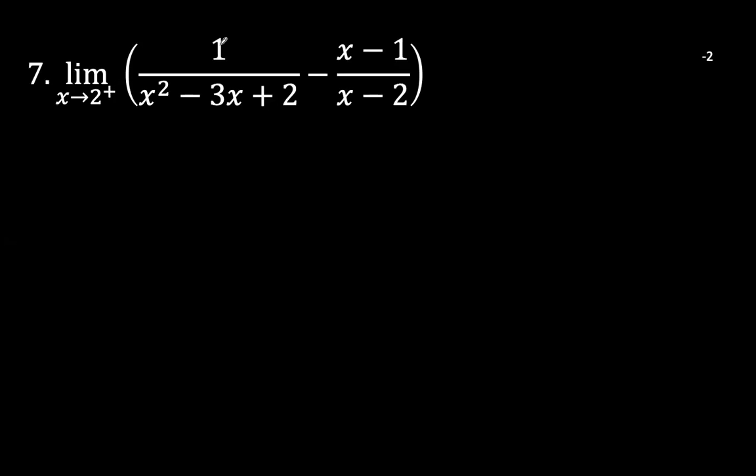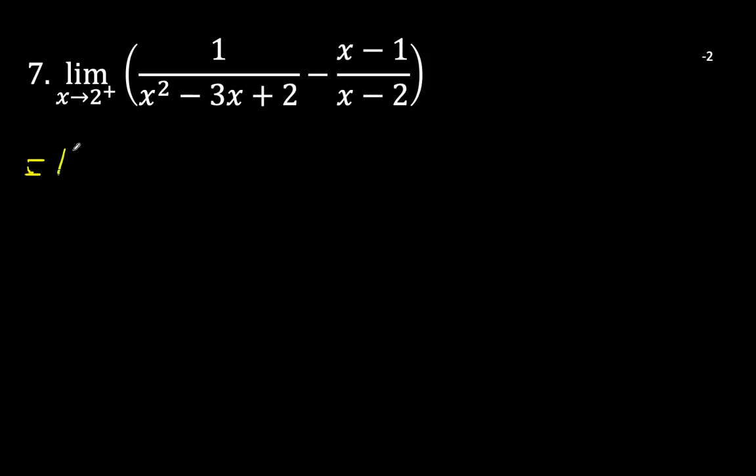So the problem is the limit of 1 over x squared minus 3x plus 2 minus x minus 1 all over x minus 2 as x approaches 2 from the right. Oh, this is second to the last, I mean, sorry. Okay, so let's try solving this by applying the properties of limits. We can take the limit term by term.